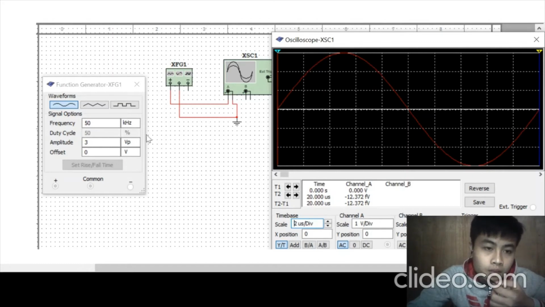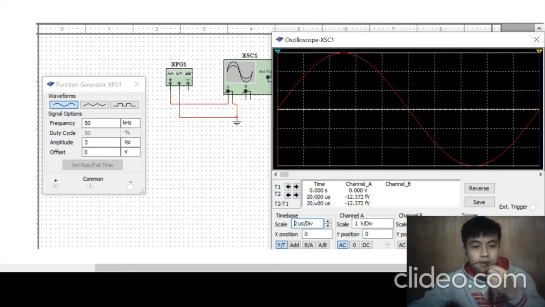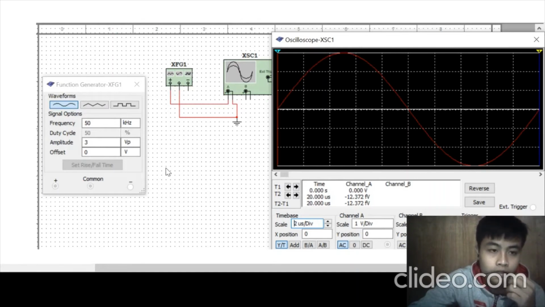Okay, now we look at the frequency. From this period, we can get the value of frequency back, using the formula f equals 1 over period.